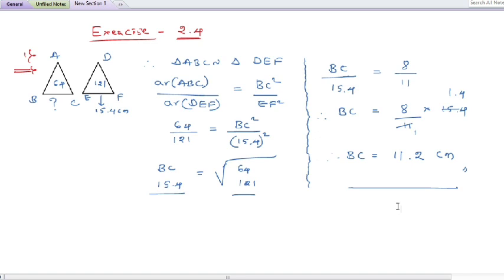DEF is given, what? 121, which is equal to BC square by EF square. EF value is given, that is 15.4. So, write 15.4 bracket square, 64 by 121. We want the value of BC square.